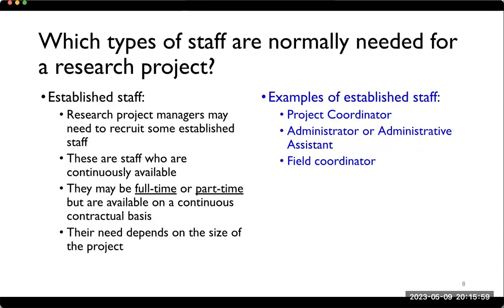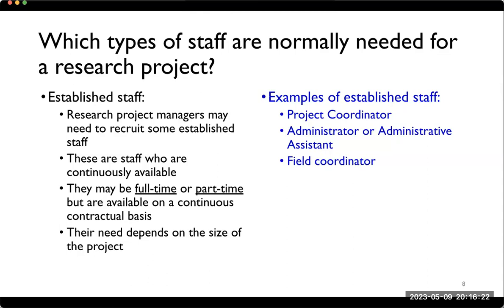So for those well-established staffers, we will need to think through research project managers that we might want to recruit into the project. And this staff will continuously be available.